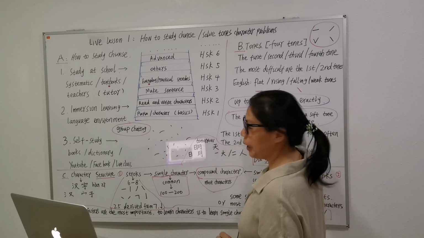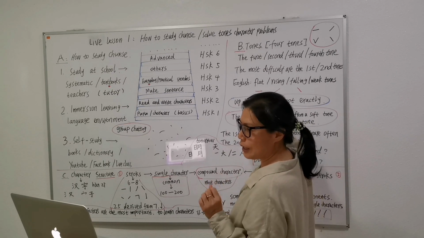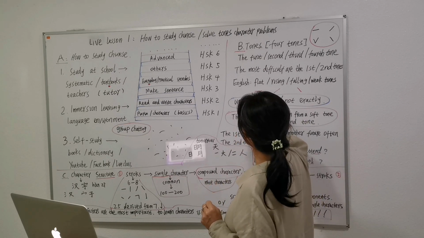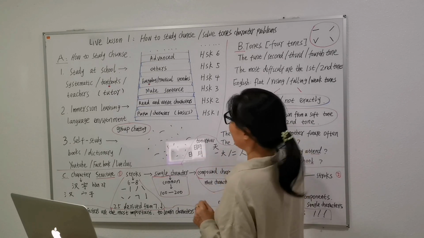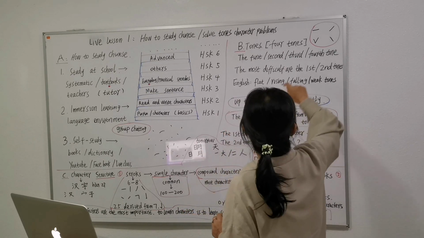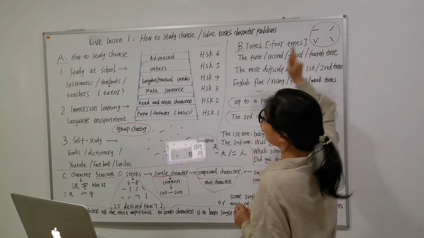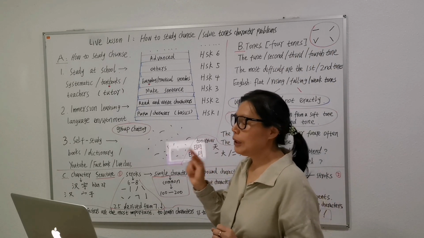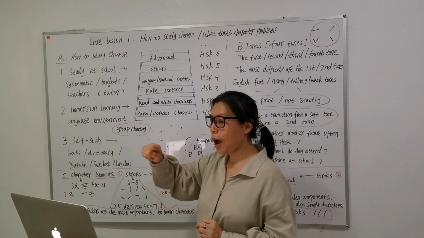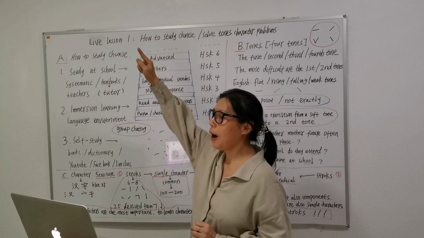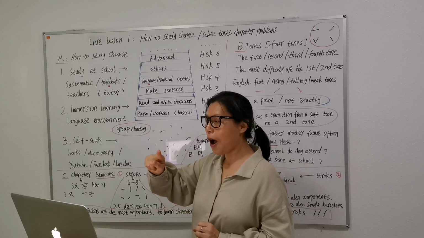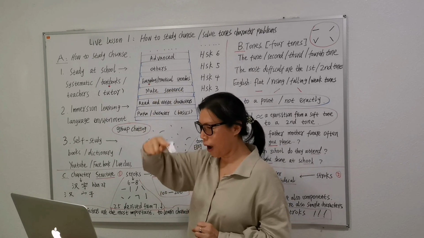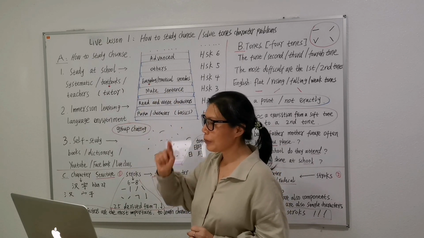Take A as an example. In Chinese, A is pronounced "a". Take "a" as an example. We pronounce these 4 tones: ā, á, ǎ, à.